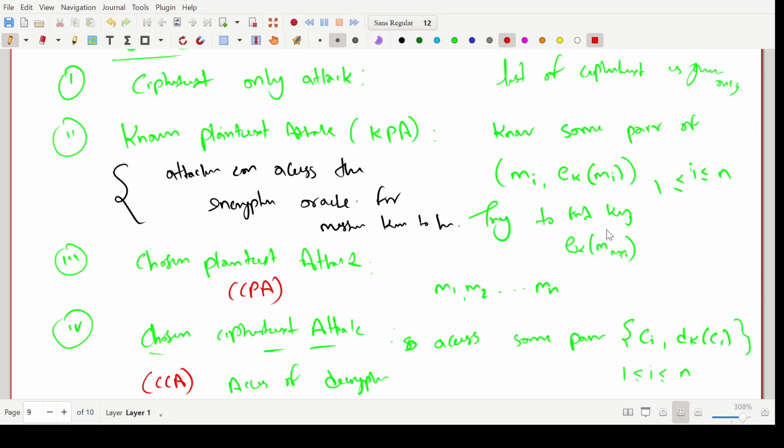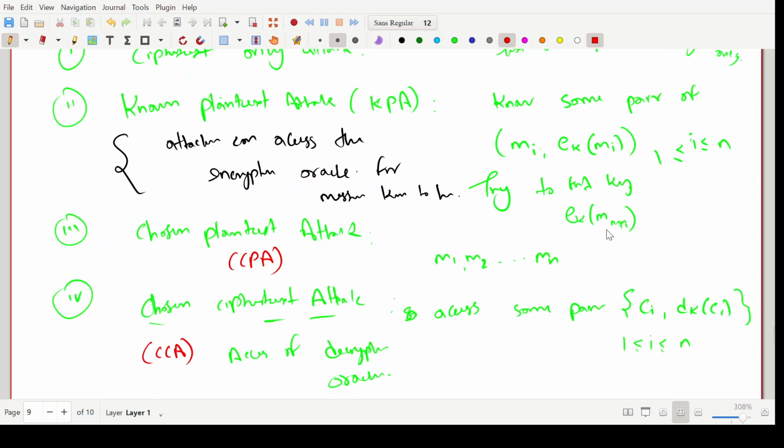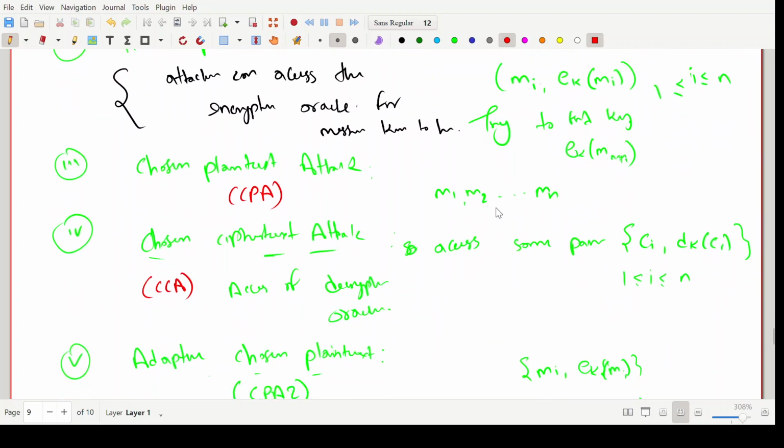Chosen plain text attack, CPA: he is asked to choose a plain text and is given the ciphertext of that, and again the question is to find the key.